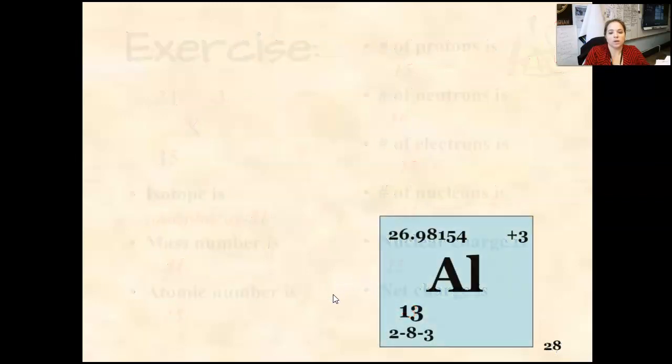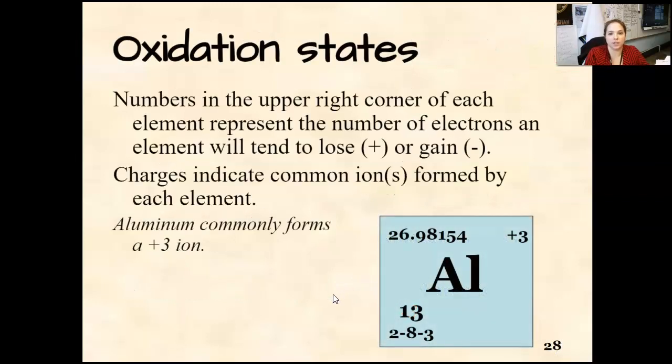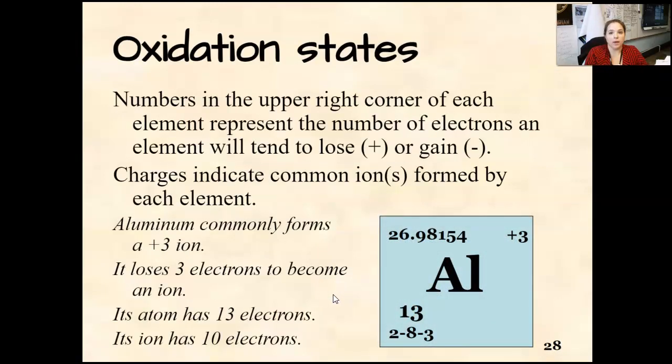Nope, I've got one more thing to talk about: oxidation states. How we know they're ions is by their oxidation states. These are the numbers in the right-hand corner of your reference table, page 9, and they represent the number of electrons an element will tend to either lose, which is positive, or gain, which is negative.